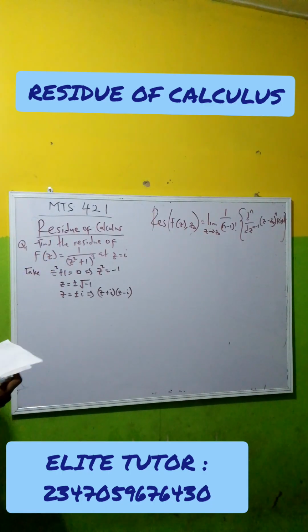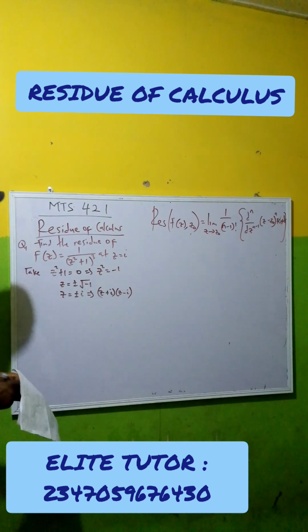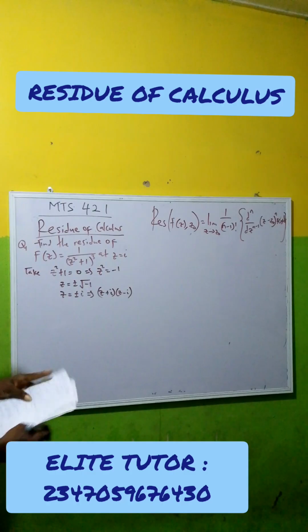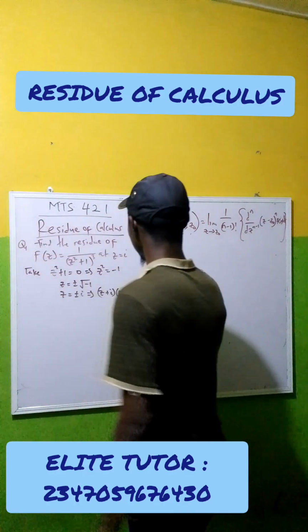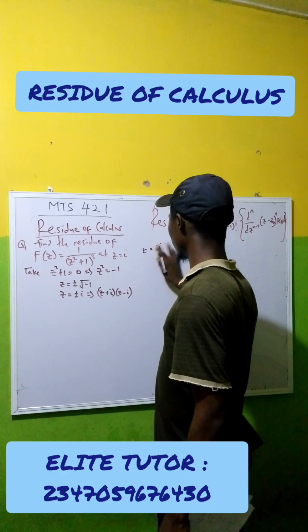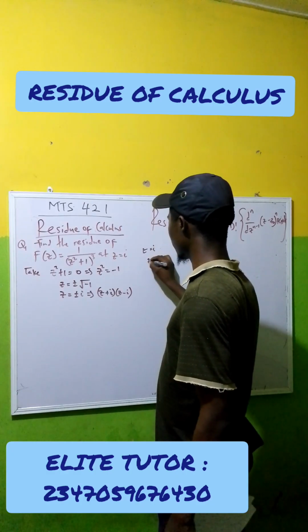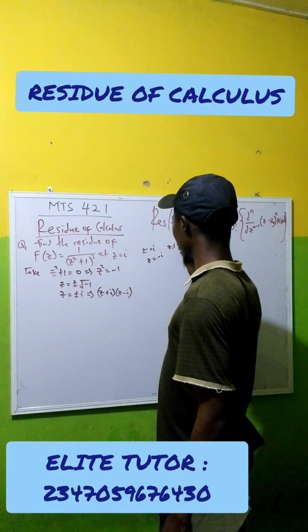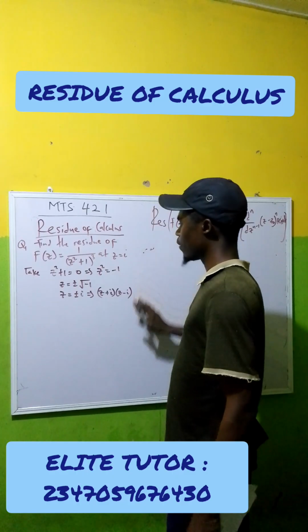At the end of the day, that is what we are going to be having. Do you know how I came about this? This means z equals plus i, or z equals minus i. If you take this back, you have minus i; if you take this back, you have plus. That's how I arrive at this.